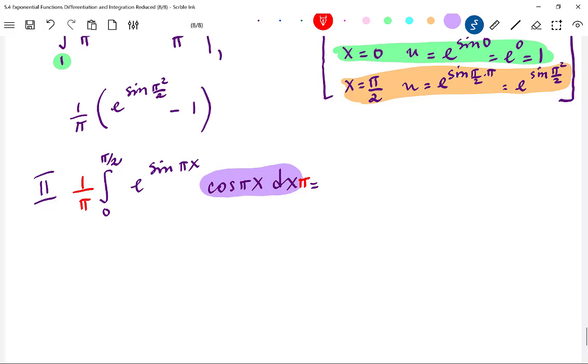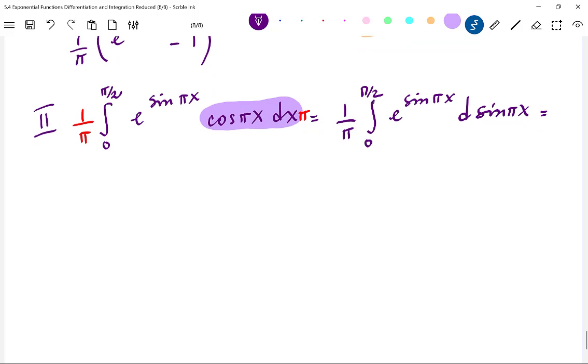So that's equal to 1 over pi integral between 0 and pi over 2 of e to the power of sine pi x d sine pi x. And you can check by differentiation that the derivative of sine pi x is in fact pi times cosine pi x dx.